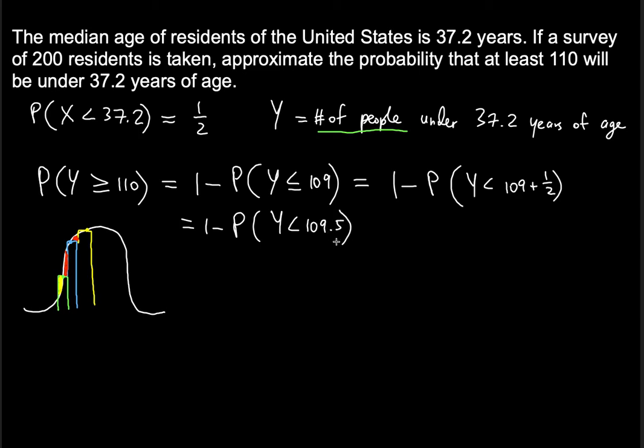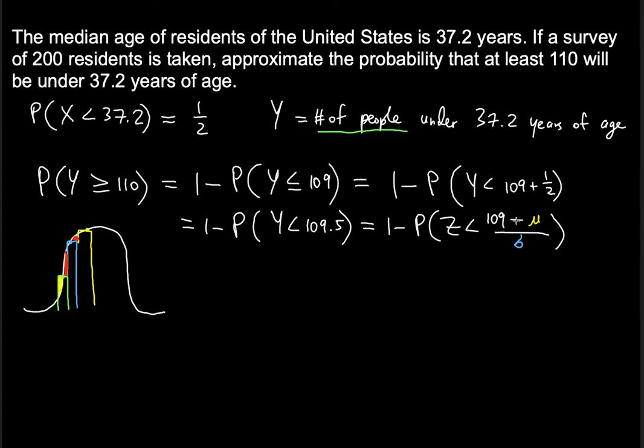109.5. Now we're going to use the z distribution, okay? And you can write this as 1 minus the probability of z less than or equal to 109 minus the mu, the mean, divided by the standard deviation, okay?